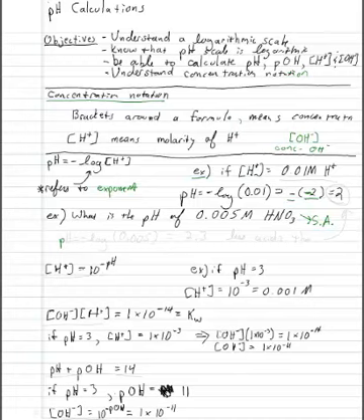So pH is equal to the negative log of the concentration of hydrogen ions. Since it's a strong acid, my acid concentration is the same as my hydrogen ion concentration. So negative log of 0.005, and I can type that in my calculator, and I get 2.3.